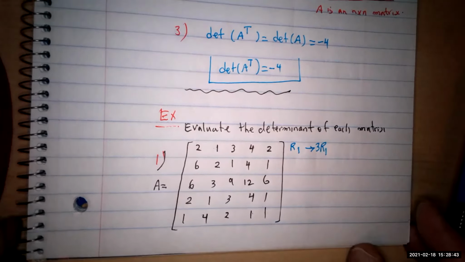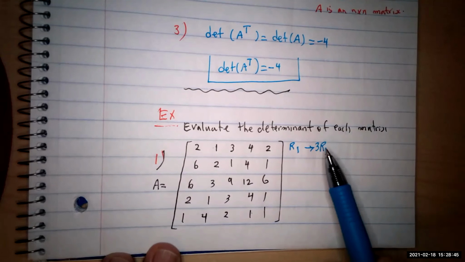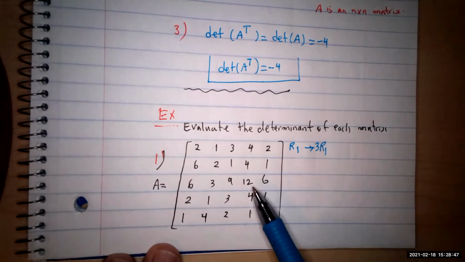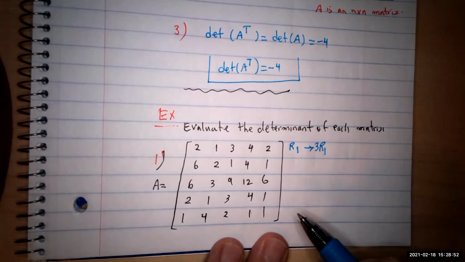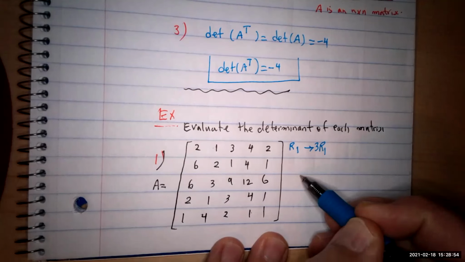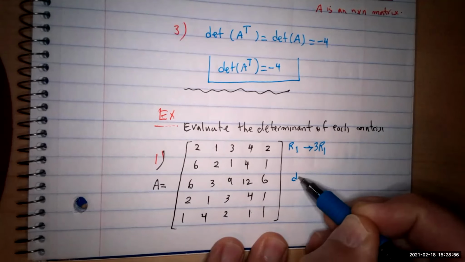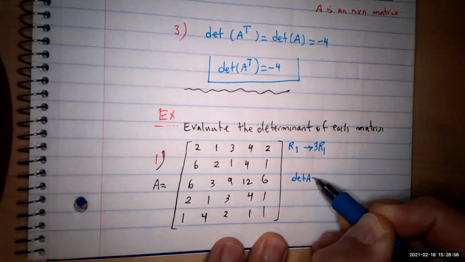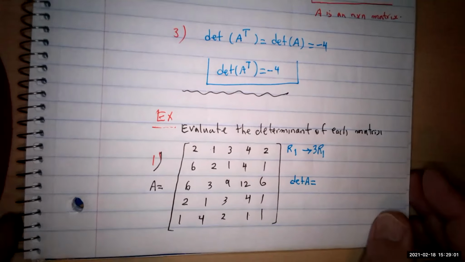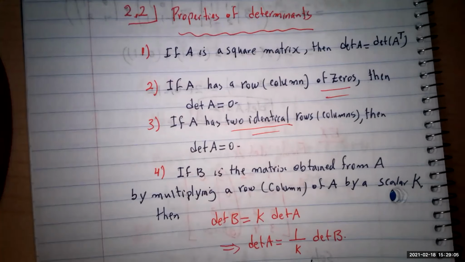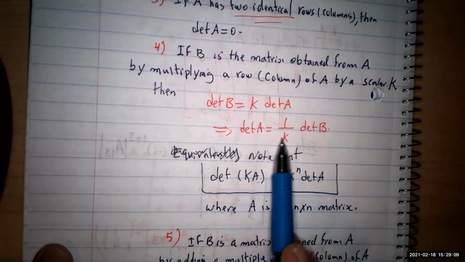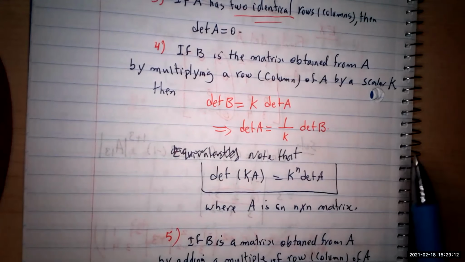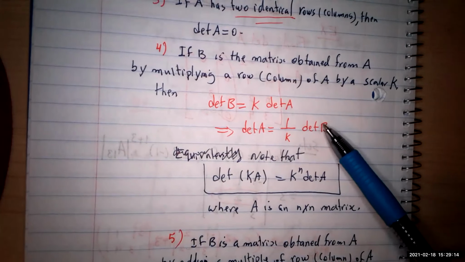So if this is the case, then the determinant of A would be equal to, as we talked about, the result of multiplying by 3. This is the one that we're going to use.